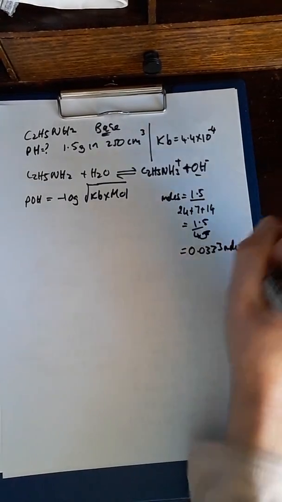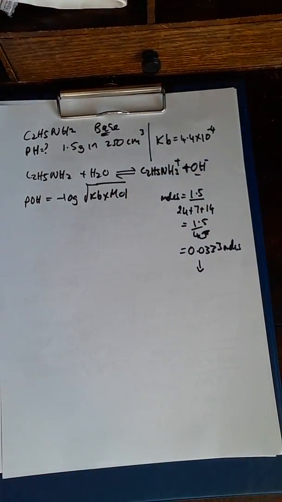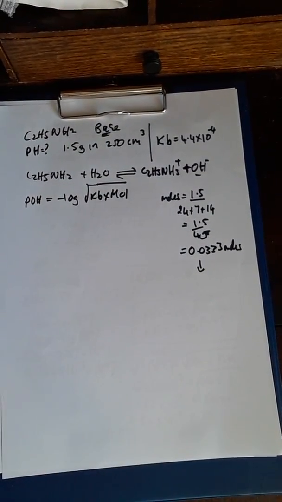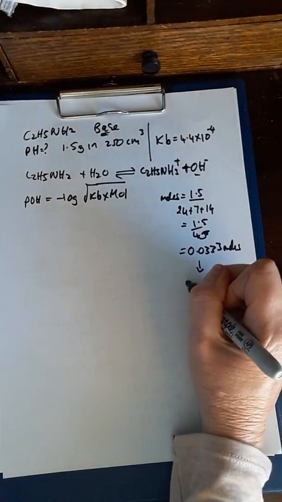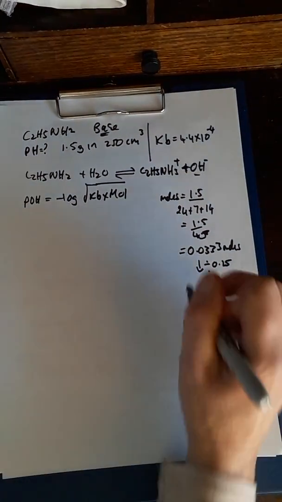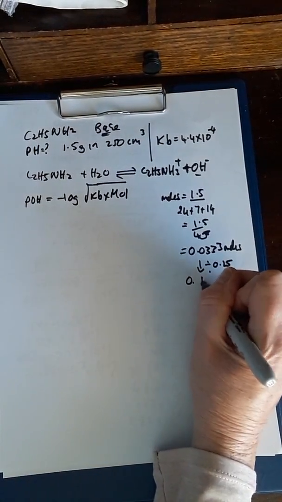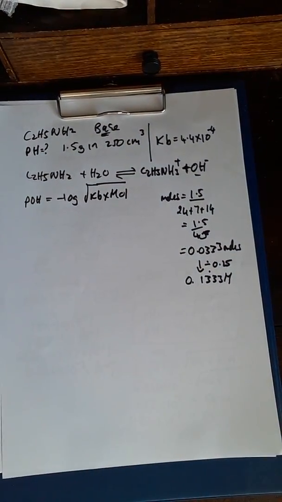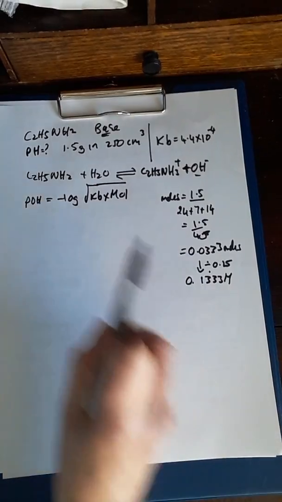That's the number of moles. So let's convert that to molarity by dividing it by the volume, which is 250, but I'll divide by 0.25 to convert into litres. So divide that by 0.25, and I end up with 0.1333 molar. Okay, so this is my concentration, molarity.